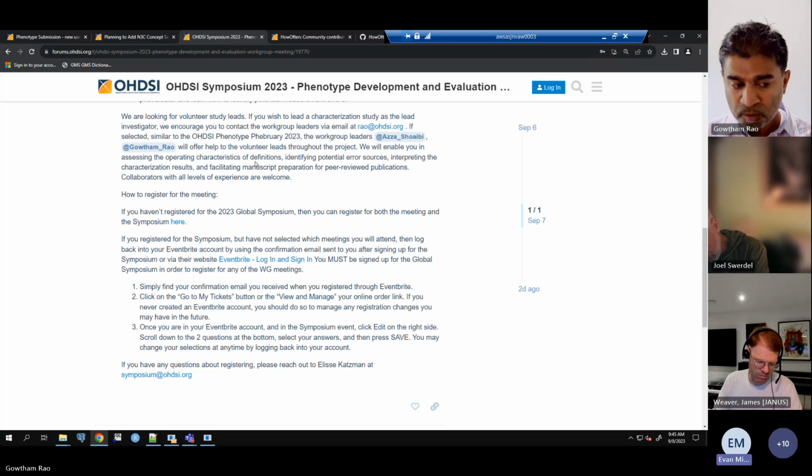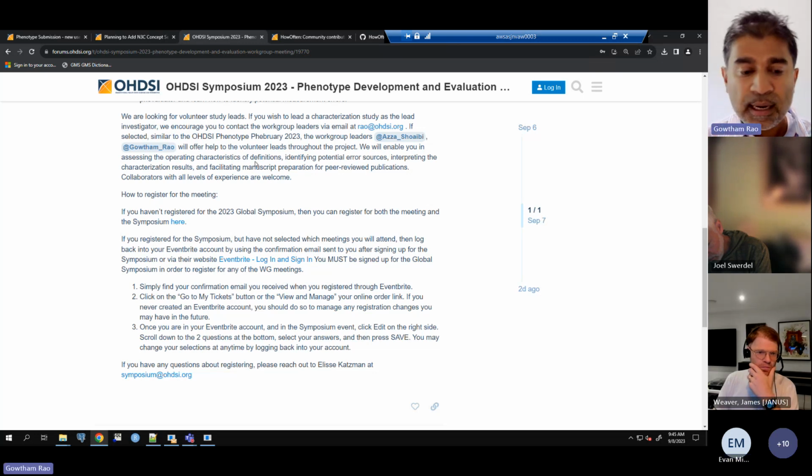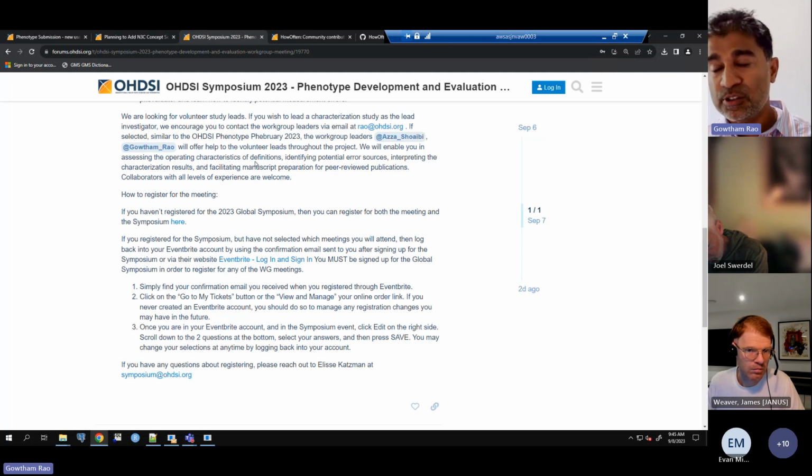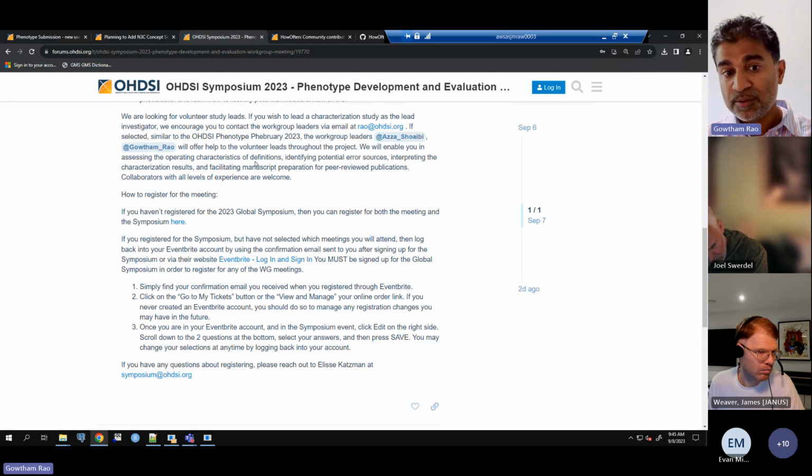Like, it increases the complexity of that run that we're hoping to get done over the course of the symposium. So technically, it might increase the complexity, but it may not. If cohort diagnostics is a required component for phenotype development and evaluation, this population level characterization can come from cohort diagnostics itself.